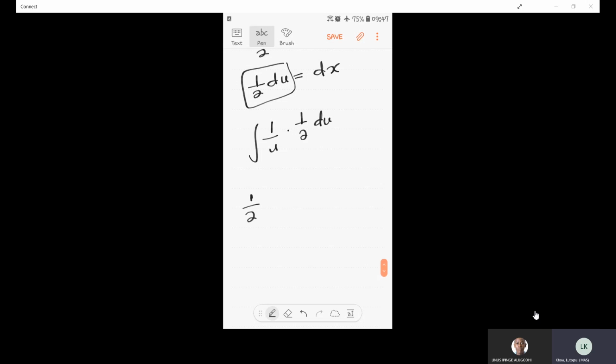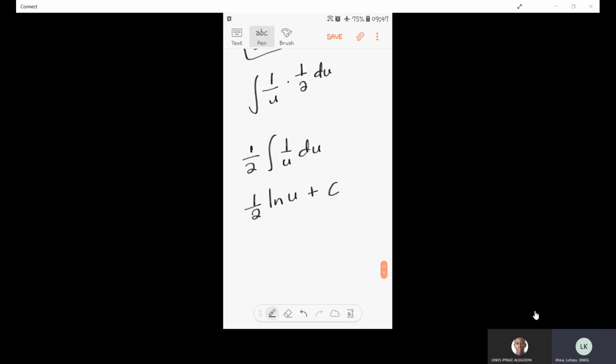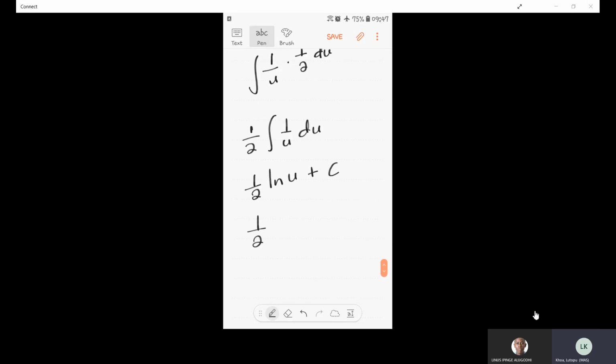So this is just half integral of 1 over u du. And we know that when we integrate 1 over u with respect to u, we get ln of u. So this is half ln of u plus c. And then u, this is half ln of 1 plus 2x plus c.